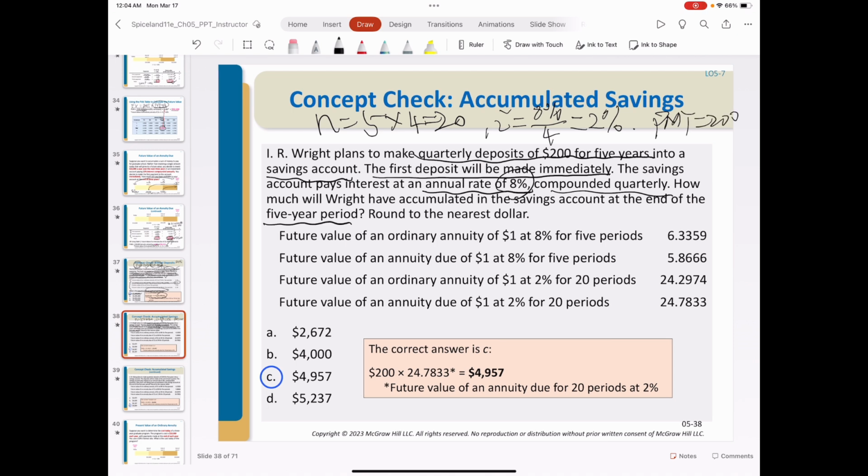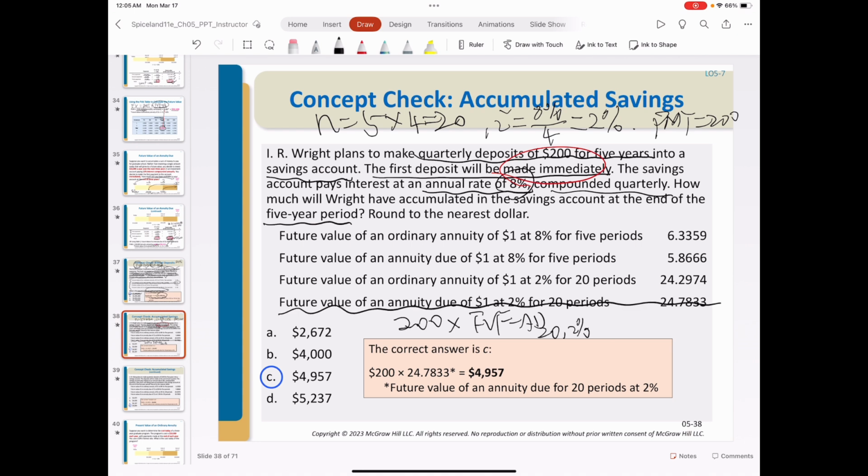Since the first payment was made immediately, it also implies this is an annuity due. Based on the formula, we just use $200 multiplied by the future value factor of annuity due. n is 20, i 2%. So the information we need actually is this one.